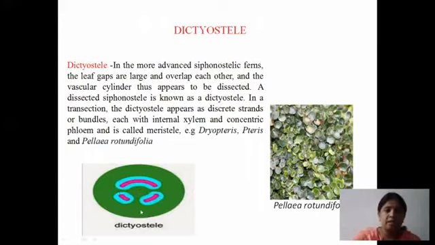A dissected siphonostele is known as dictyostele. In a transection, the dictyostele appears as discrete strands or bundles, each with internal xylem and concentric phloem, called meristele. So this is the meristele. The examples of dictyosteles are Dryopteris, Pteris, and Pellaea rotundifolia.